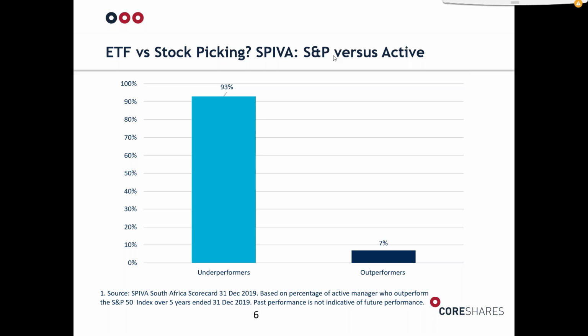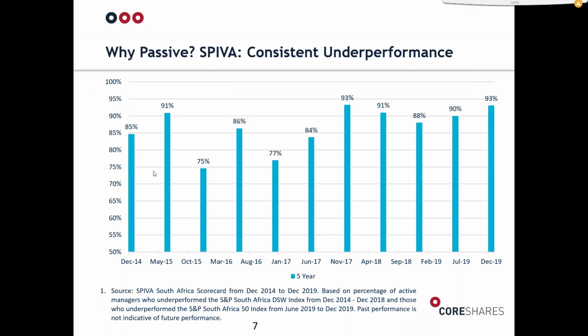Interestingly, the reports across the world read fairly consistently. On average, you probably have about 80% of active managers underperforming the index. In most markets, that number of 80% underperformance is fairly consistent.